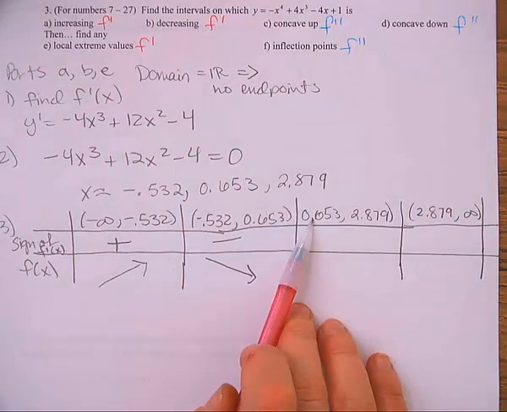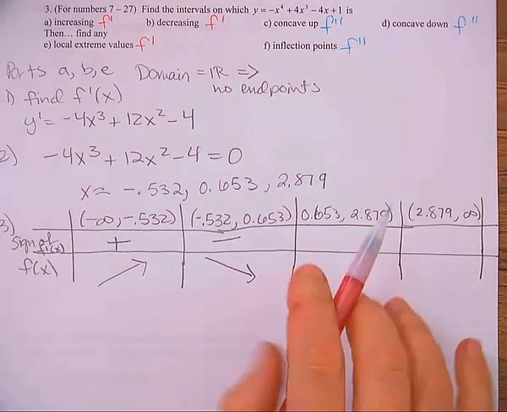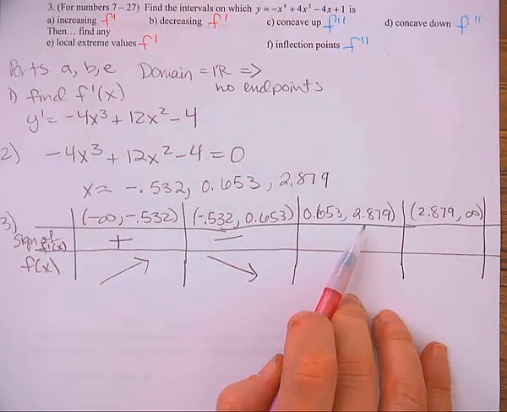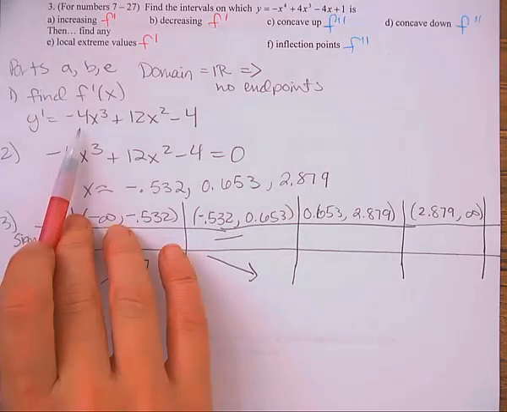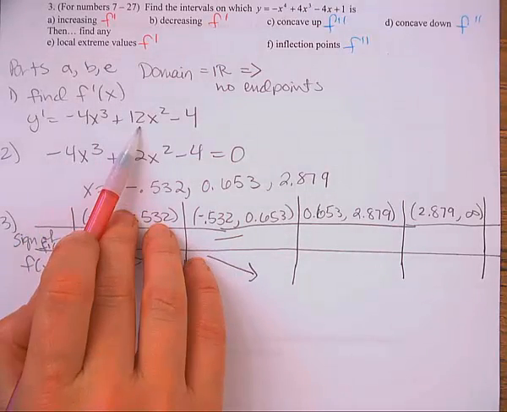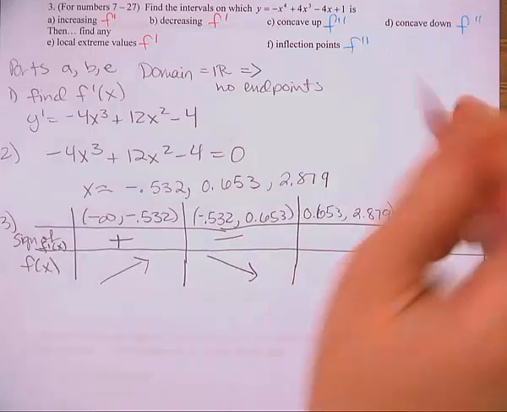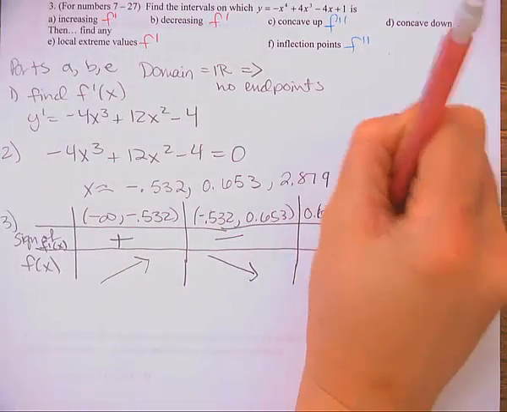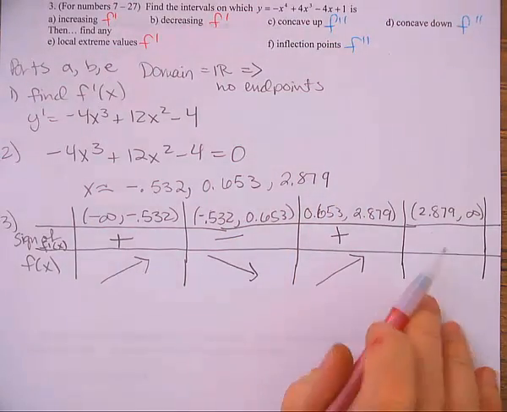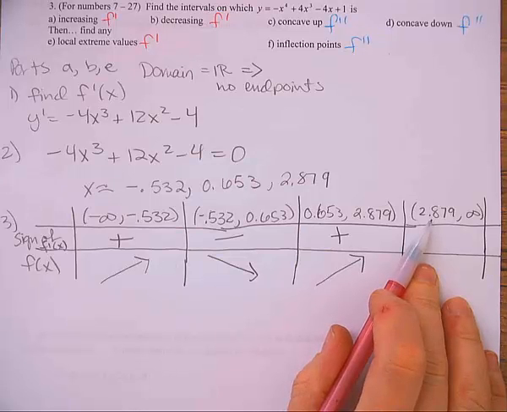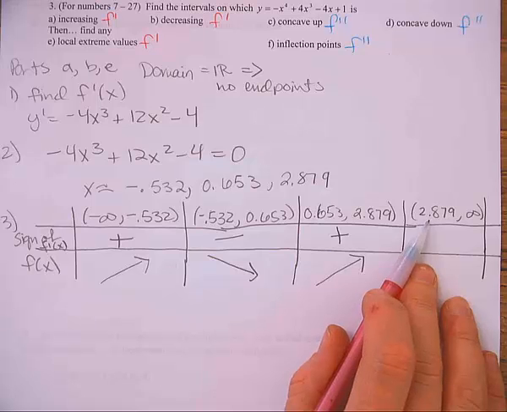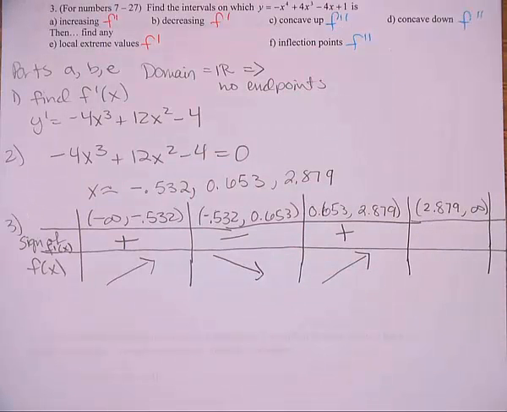Here I have to pick a number between 0.653 and 2.879, so a number like 1 would be easy. So that would be negative 4 plus 12 minus 4, that would be a positive number. The function would be increasing there. And then here I can pick any number larger than 2.879. So sometimes when you have to pick a larger number, an easy one to choose would be the number 10.